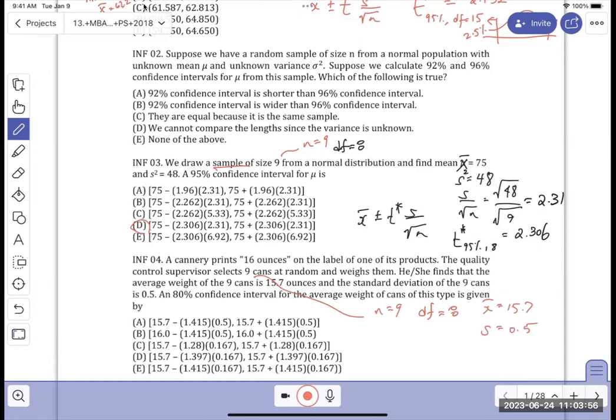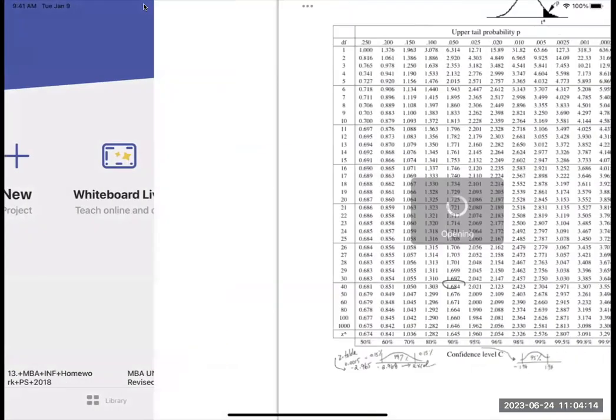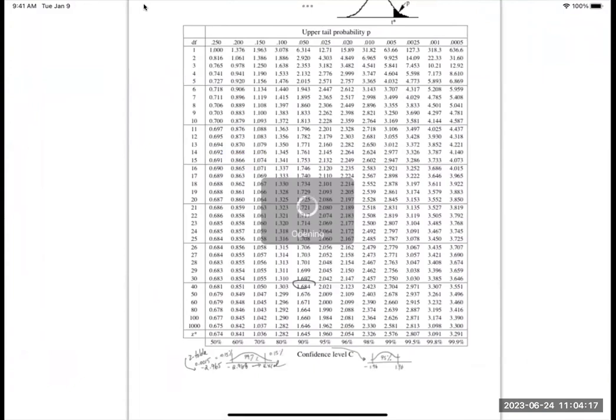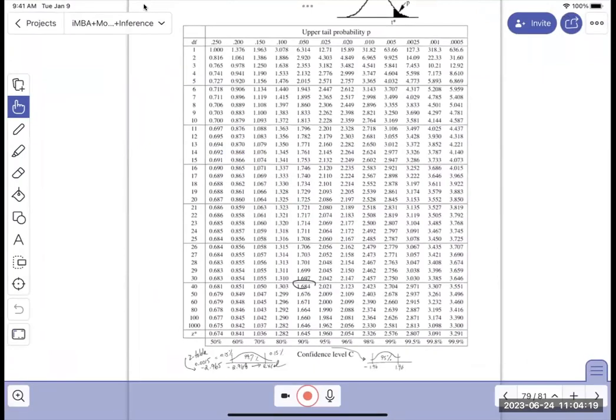All we need then is a T star for an 80% confidence interval with 8 degrees of freedom. There's no other information here. So we go back up the table to 80%. Here it is, 80%, and we go to 8. It's 1.397.